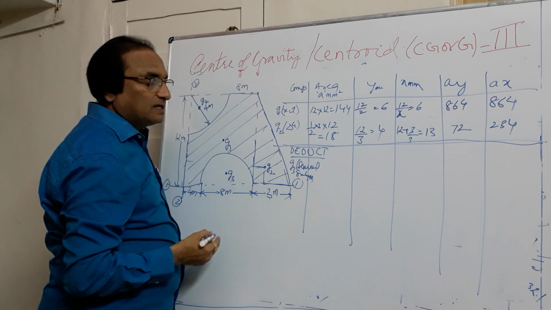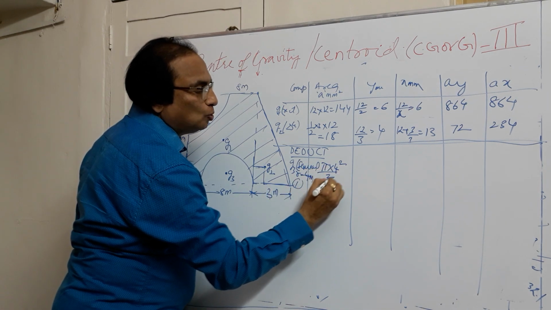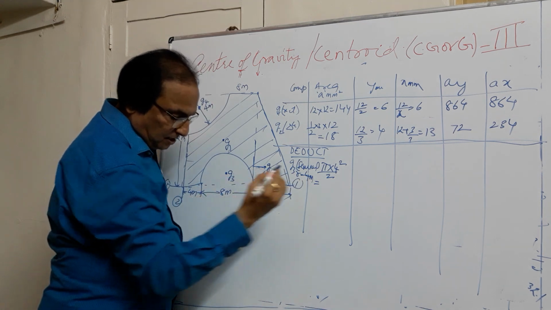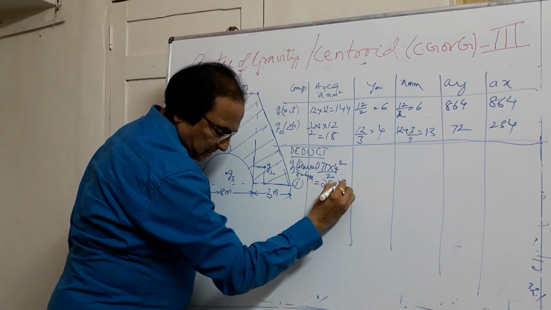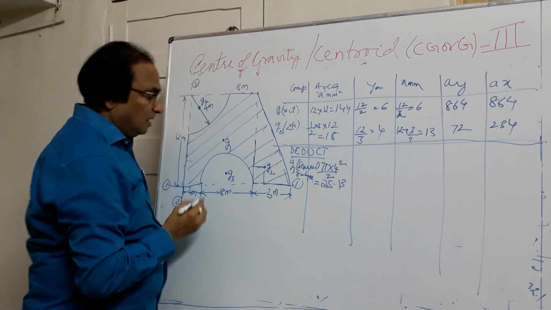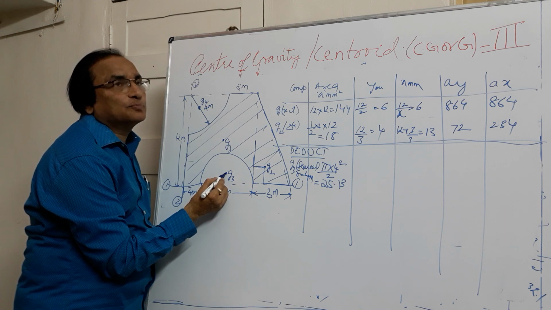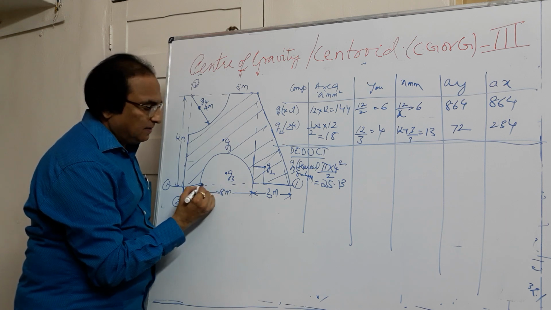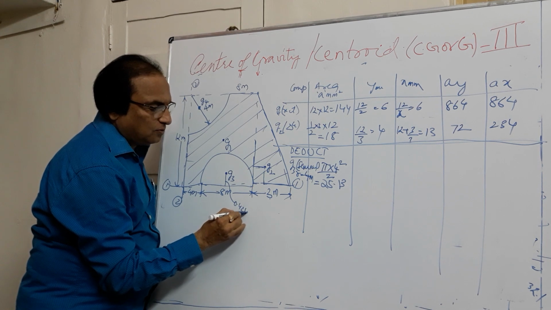And area of semicircle is pi r square divided by 2. So if you simplify this, you get 25.13. Now the distance of a centroid of a semicircle from the diameter is 0.424 r. Means if this is a diameter, this distance is known to you as 0.424 r.